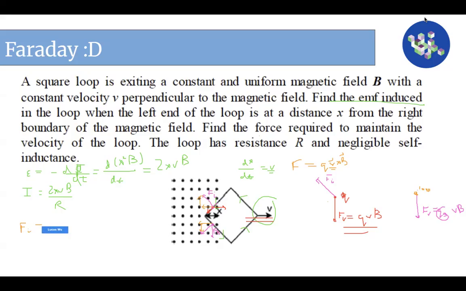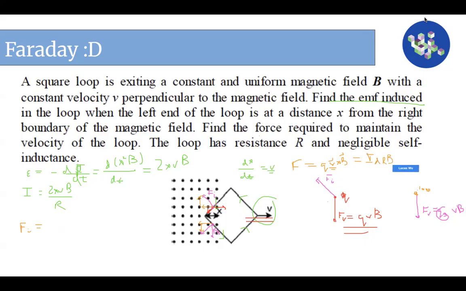Fi would equal dq times v, or you also have the Lorentz force equal to I dl times the magnetic field, right?